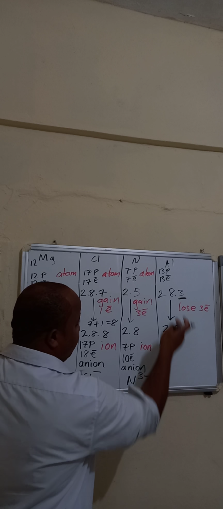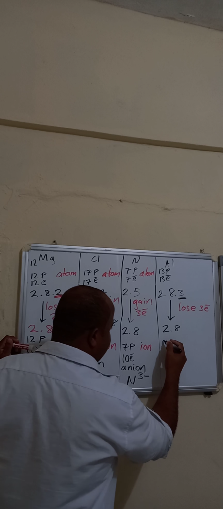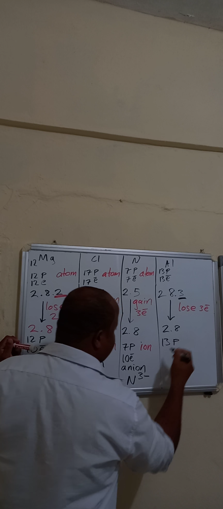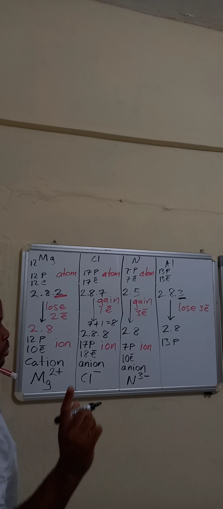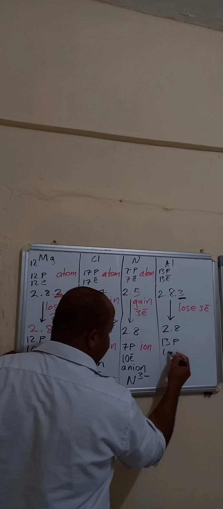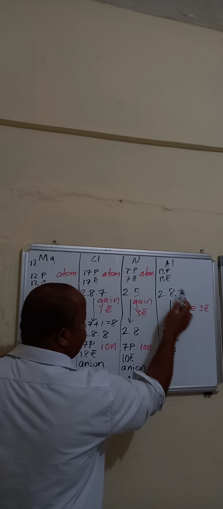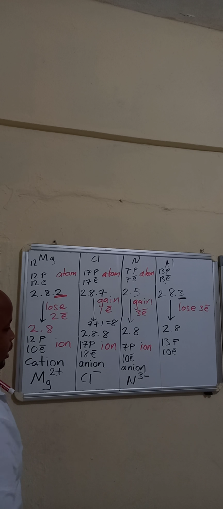Let's compare now the amount of protons and the amount of electrons. The protons will stay as 13, but now it's no longer 13 electrons, it is now 10 electrons. It loses 3, so 3 from the 13, that is 10.